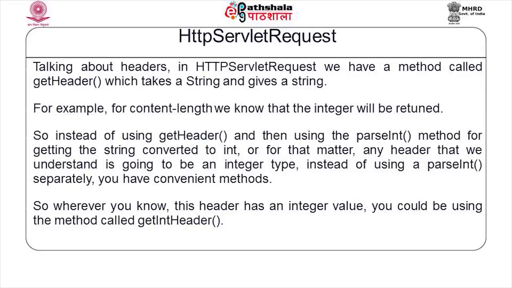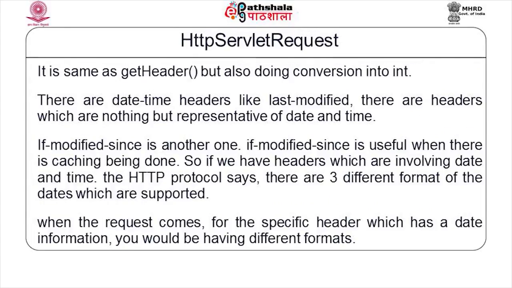So instead of using getHeader with content length as a parameter and then using a parseInt method to convert it into an int, or for that matter any other header whose value we understand is going to be an integer type, you have convenient methods. Wherever you know this header has an integer value, you could use the method called getIntHeader. It is the same as getHeader, but also does the conversion into the int type for us.